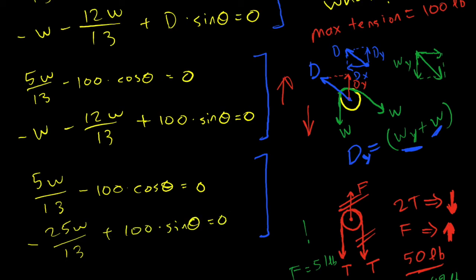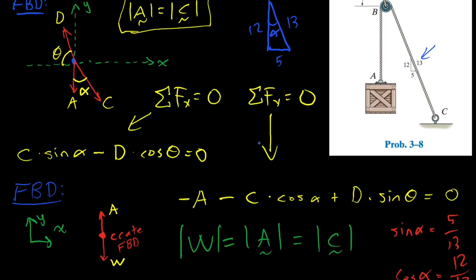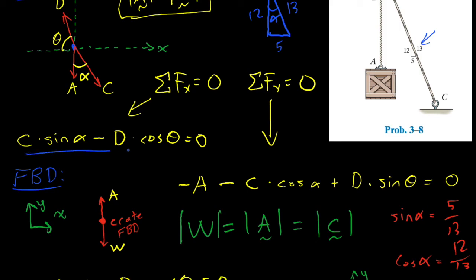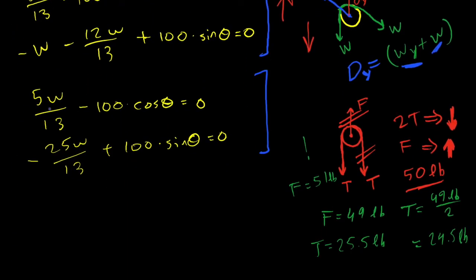By looking at the question and understanding what it is talking about, we have gotten these two equations, this one and this one. We have C, D, alpha, theta, A, and all of that. We basically simplified it down to two equations that have two unknowns in them, and we did this because we looked at the question and understood what it's talking about.